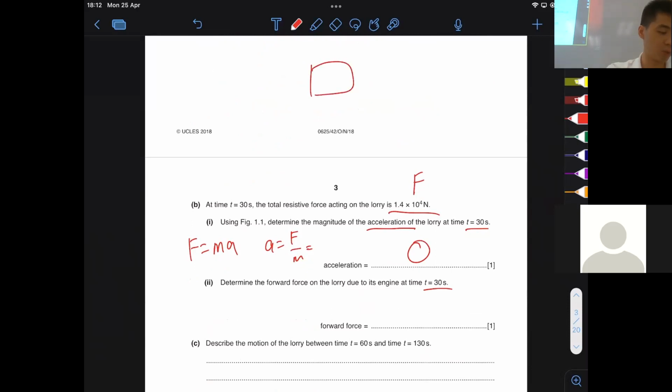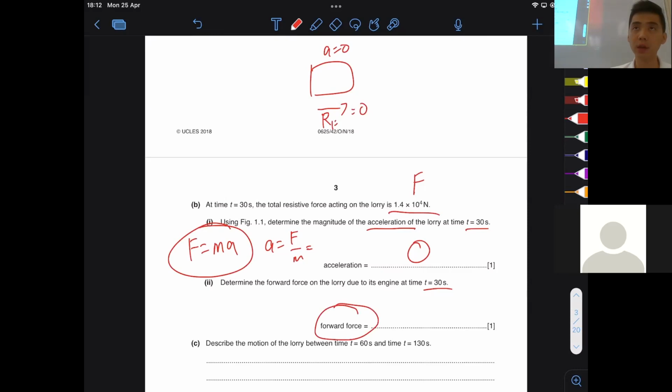If let's say this object is accelerating at 0 meters per second square, then obviously the resultant force here would have been 0 also, because this has to follow the F equals ma formula, right? But in this question, they're not asking for the resultant force. Instead, they are asking for the forward force. What's the difference between resultant force and forward force?